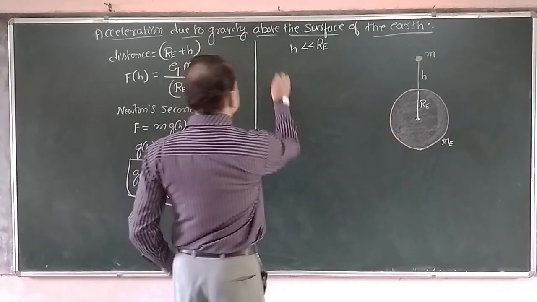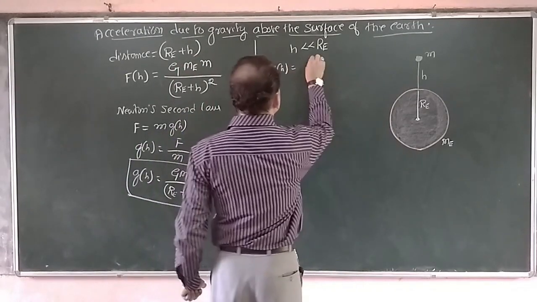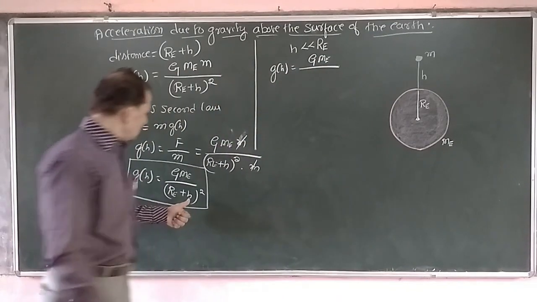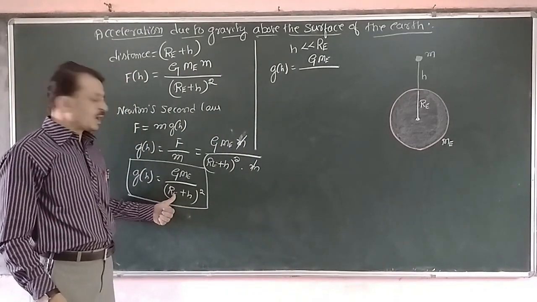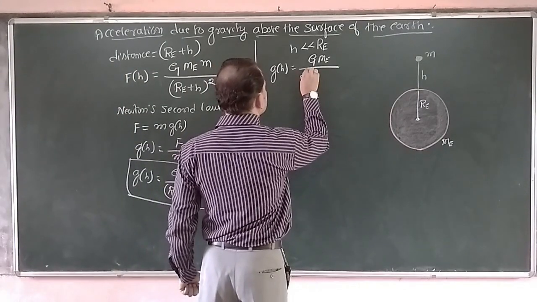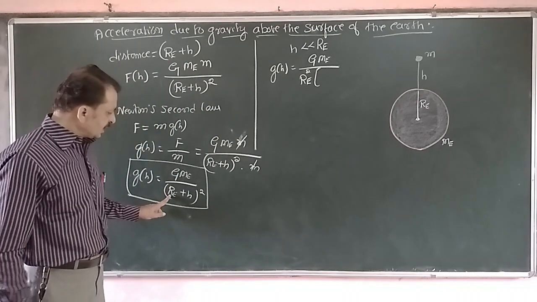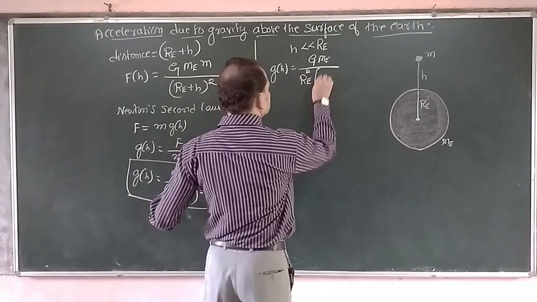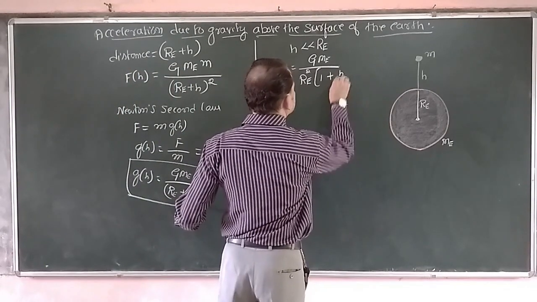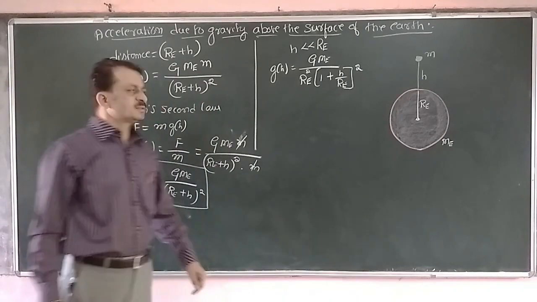From this one, g of h is equal to G Me divided by, if I take Re square outside, Re square into 1 plus h by Re, whole square. It is simple mathematics.